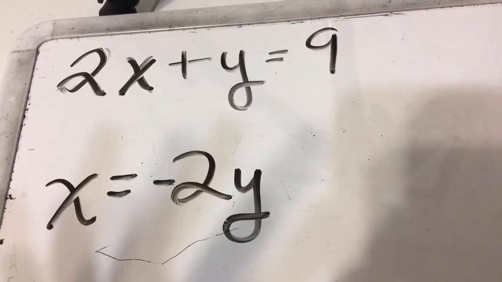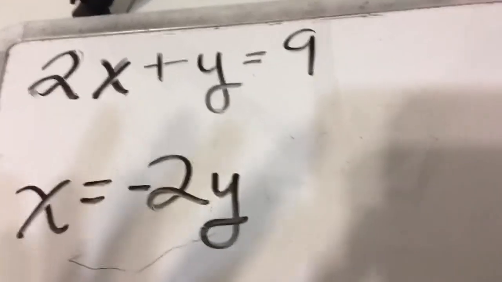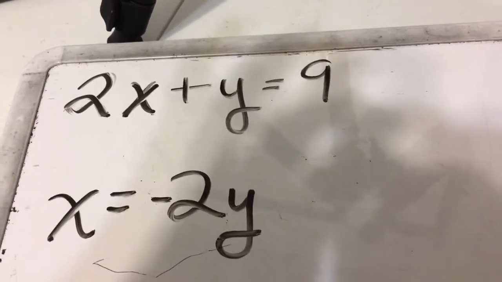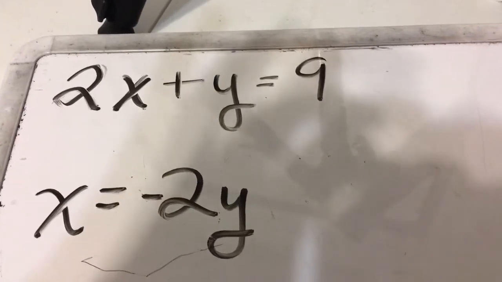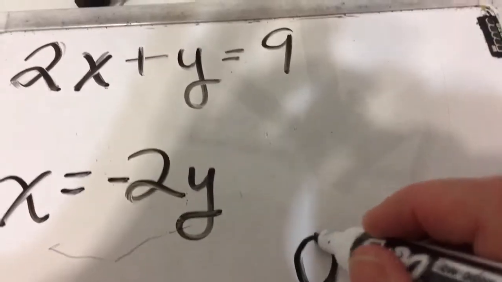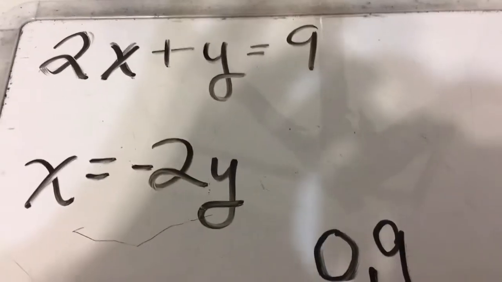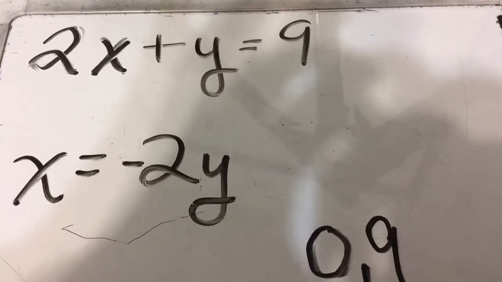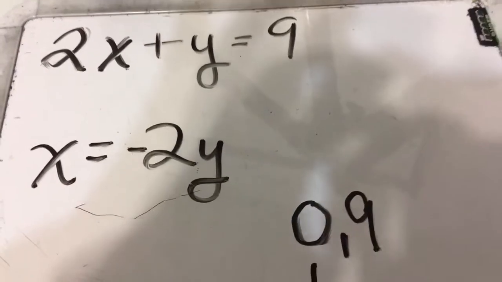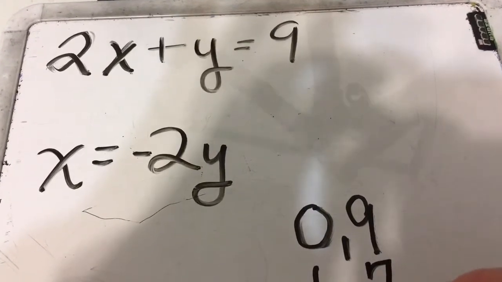Okay, so the first equation is 2x plus y is 9. If I plug in a 0 for the x, I get y is 9. So 0, 9 is a point. If I plug in a 1 for the x, I get 2 plus something is 9, so I get a 7.